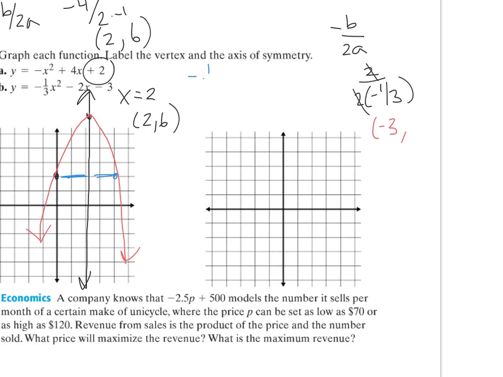So it's negative 1/3, parentheses, negative 3 squared minus 2 times negative 3 minus 3. So it's 9, this is 9, negative 1/3 times 9 is negative 3, plus 6 minus 3. So it's going to be 0. So my vertex is at negative 3, 0.